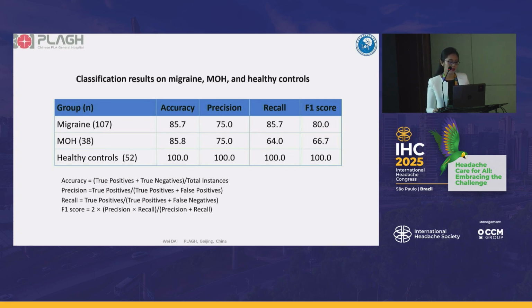But for healthy controls, it is nearly 100%. And the F1 score, which is for balanced precision and recall, for migraine is 80%. But for medication overuse headache it is only 66. And we assume it may be due to the limited sample size.